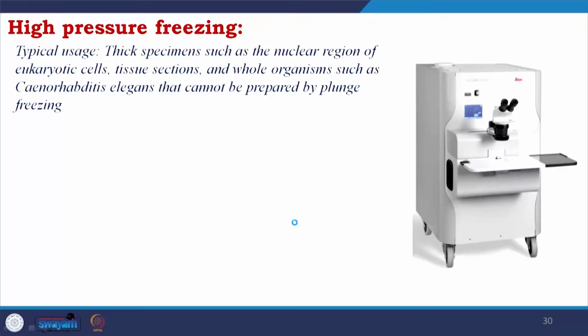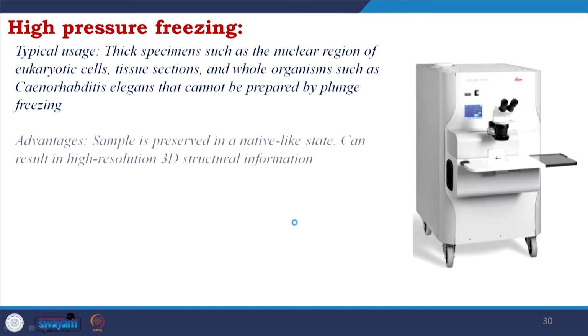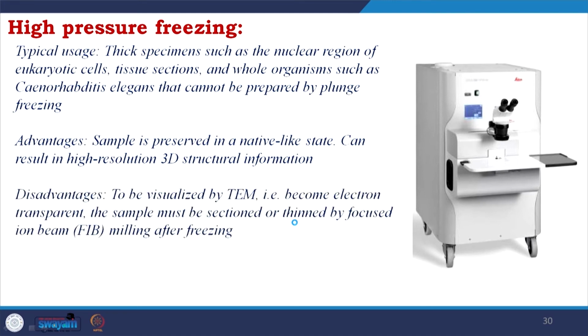Whenever your sample is thick, you need high pressure freezing. Thick specimens such as the nuclear region of eukaryotic cell, tissue sections and whole organisms such as C. elegans that cannot be prepared by plunge freezing, they are going under high pressure freezing. Advantage: the sample is preserved in a native like state, can result in high resolution 3D structural information.